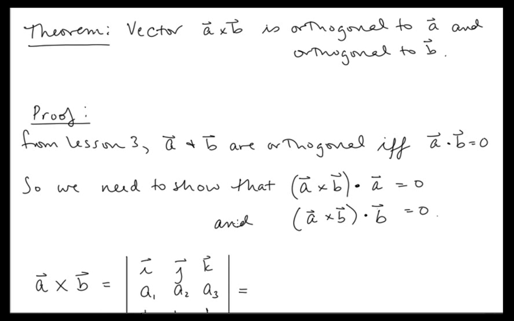Well, how can we show that vectors are orthogonal? We learned in the last lesson that A and B are orthogonal if and only if their dot product is equal to 0. So what we need to do is show that the dot product A cross B dotted with A is equal to 0, and A cross B dotted with B is equal to 0.